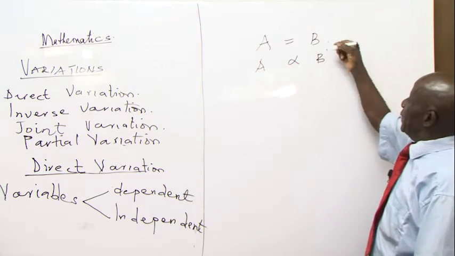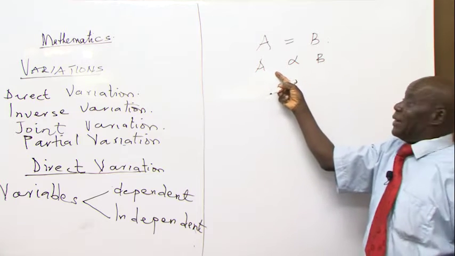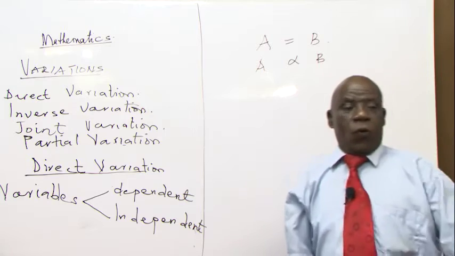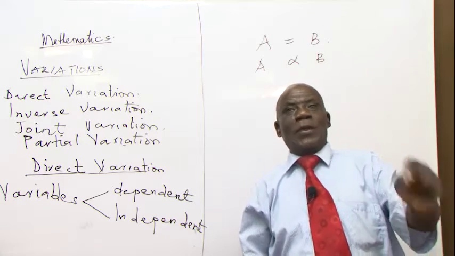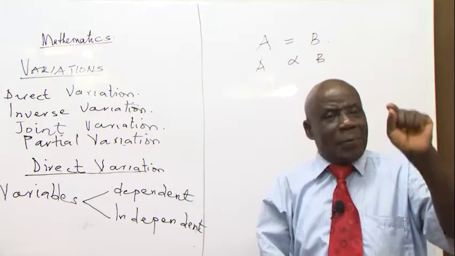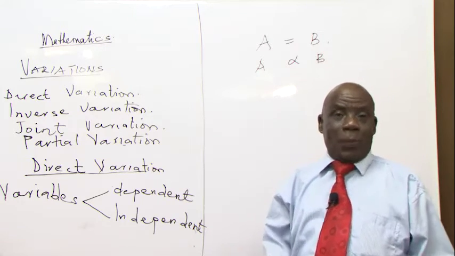This one means A equals B, while this one means A is proportional to B. For one variable to be proportional to the other one does not mean that that variable is equal to that one. Let me give you an example.